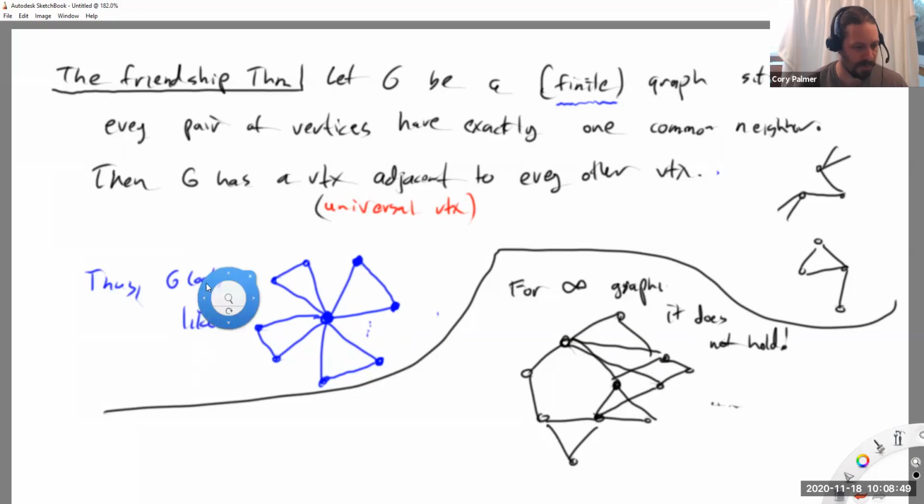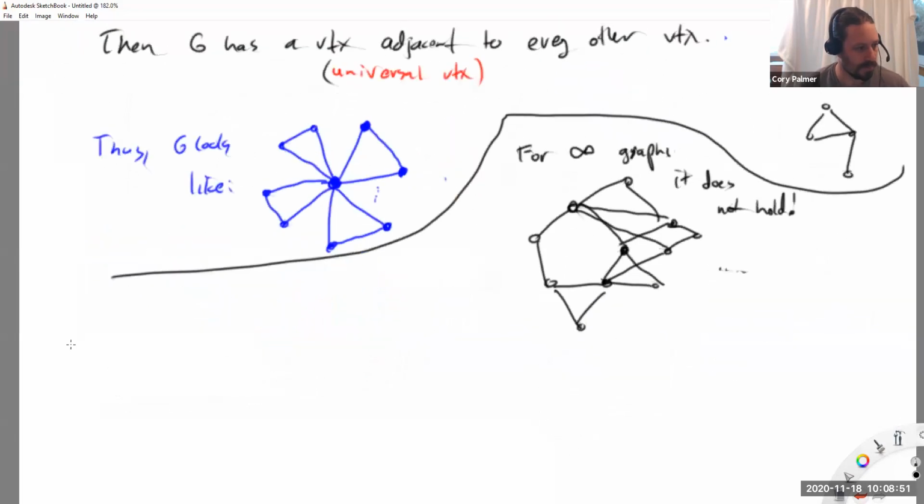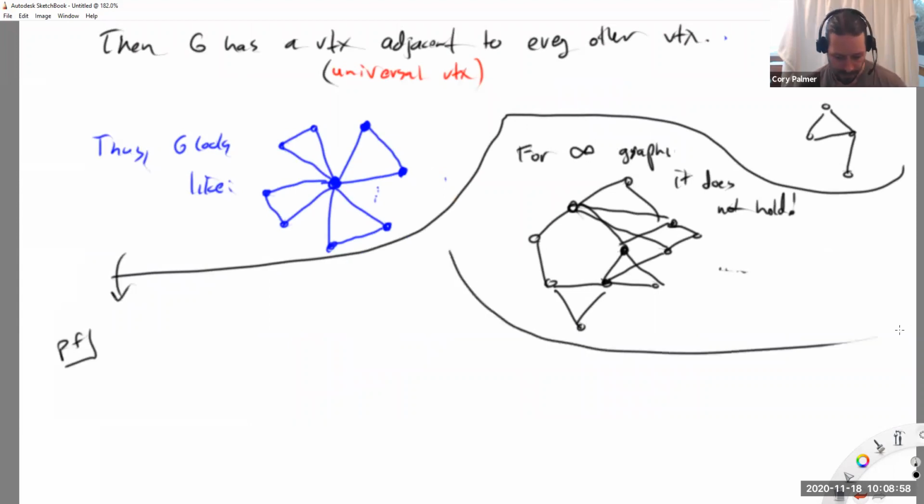Okay, so let's prove the friendship theorem. So, proof of the friendship theorem, not of this infinite business. It's by contradiction. We'll suppose the theorem's false and let G be a counterexample. So what does that mean? G has the common neighbor property, but it doesn't have a universal vertex.